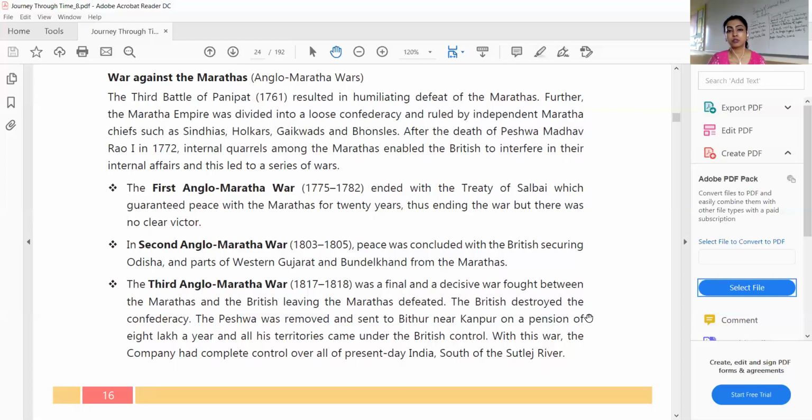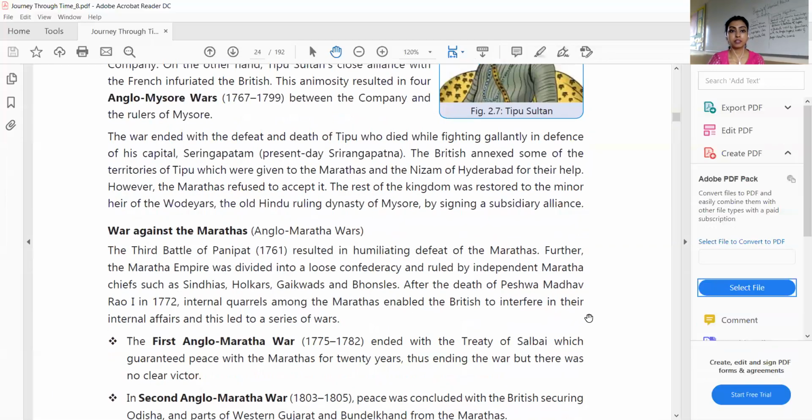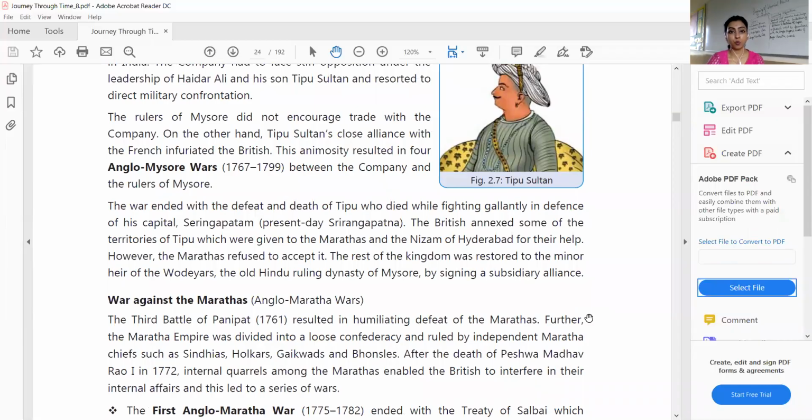Through the different methods that were adopted, like the subsidiary alliance and the doctrine of lapse, the British started to conquer almost all parts of India. It started to spread its control over all the parts of India. So it controlled Mysore through the Anglo-Mysore War, where Tipu Sultan got defeated.